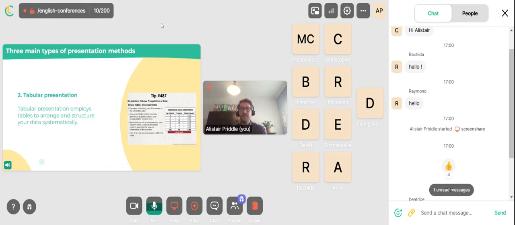The second main type of presentation is a tabular presentation. Tabular presentation employs tables to arrange and structure your data systematically.